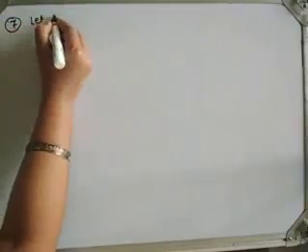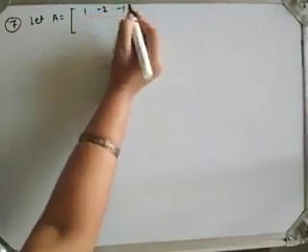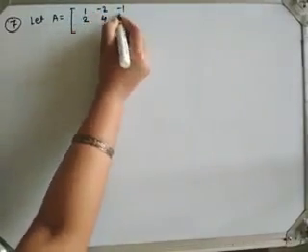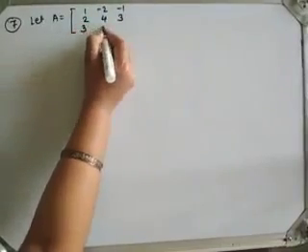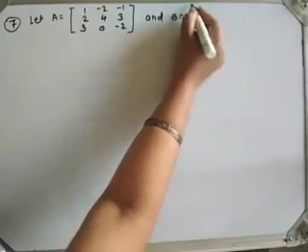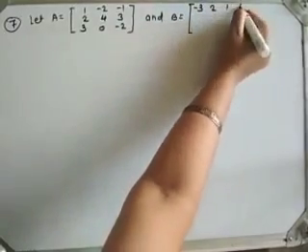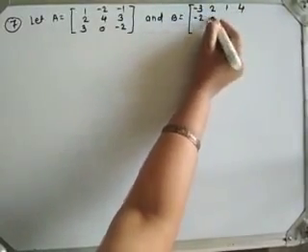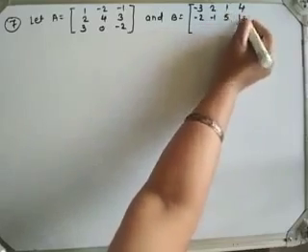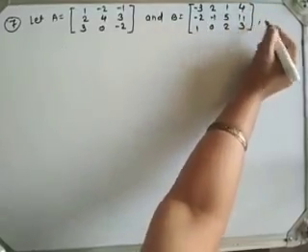Take next example, example number 7. Let A be the matrix [1 -2 -1; 2 4 3; 3 0 -2] and B be the matrix [-3 2 1 4; -2 -1 5 11; 1 0 2 3].